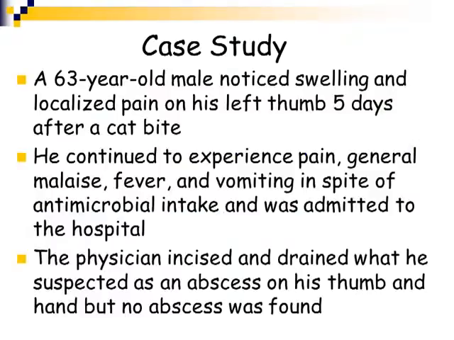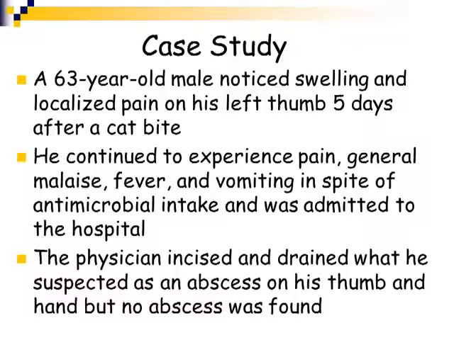A 63-year-old male noticed swelling and localized pain on his left thumb 5 days after he was bitten by a cat. He continued to experience the pain, not feeling so good, tired, fever, vomiting, even though he was taking antibiotics. He was then admitted to the hospital. The physician incised, or cut, the thumb area and suspected an abscess.